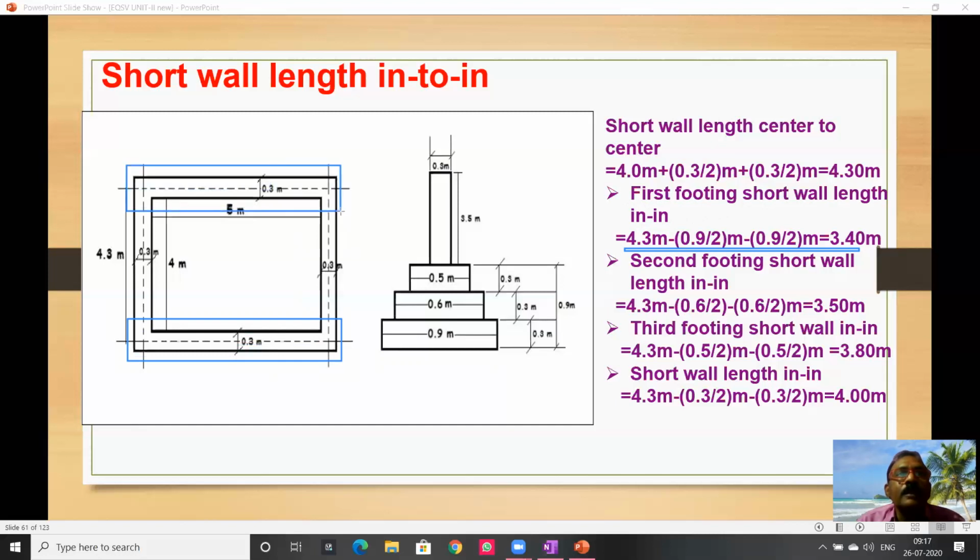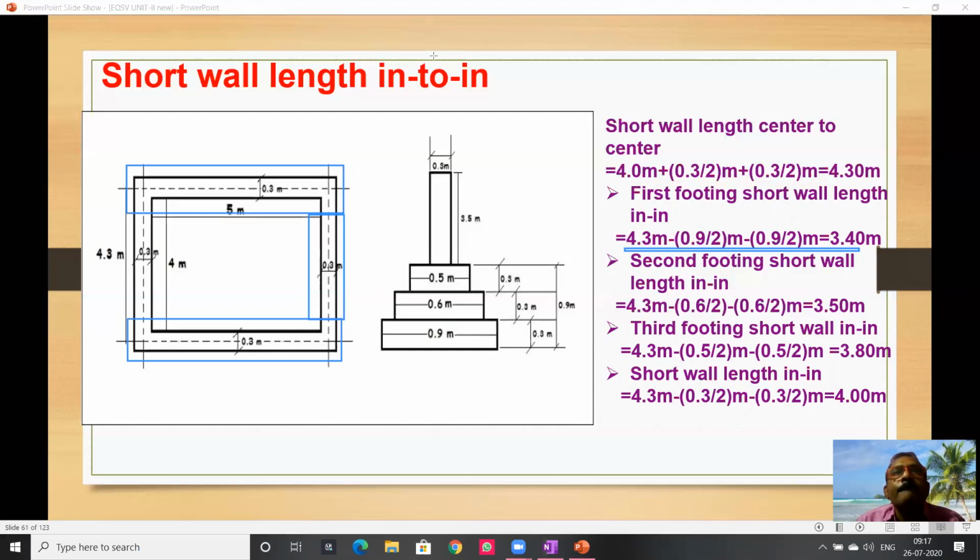Say already this is excavated. So remaining how much? See, remaining is for the short wall. This is the short wall, right?